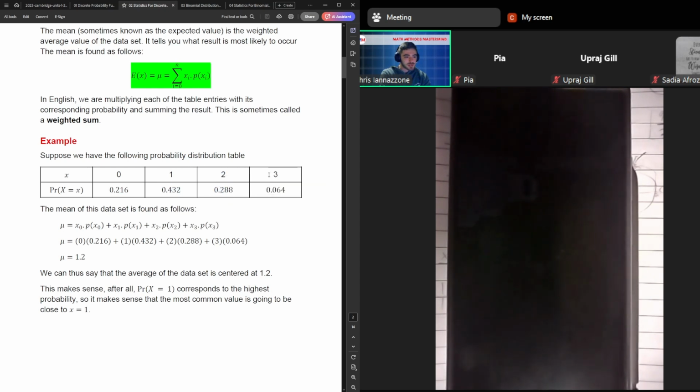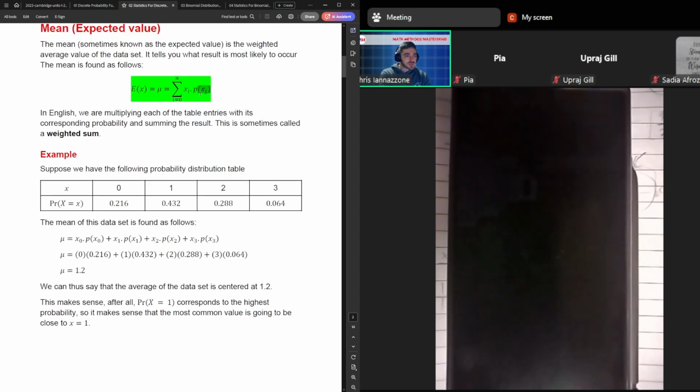And you keep going until you reach the end of the table, and you just add all your results together. That's what this means. So the 0 times the 0.216 plus the 1 times the 0.432, and so forth. Simplify.